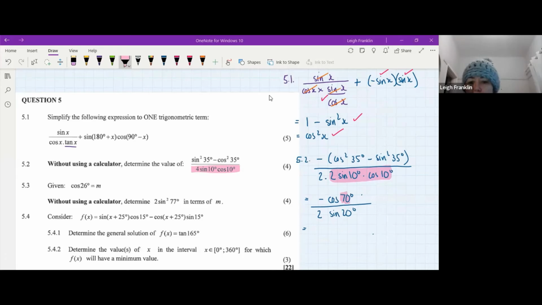Cool beans. And as I was saying before, you can rewrite the cos of 70 as the sine of 20. So that would be minus sine 20 over 2 sine 20, and that guy divided by that guy is 1. So our final answer here would be minus 1 over 2. And we definitely did this without the use of a calculator.